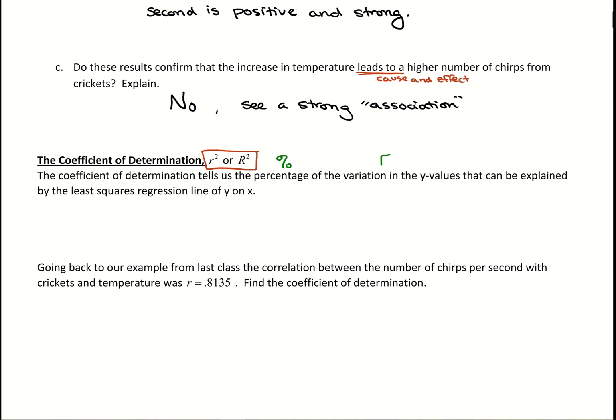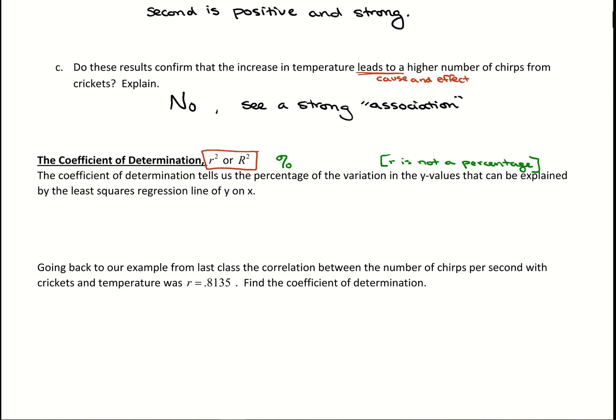Just remember though, R is not a percentage. So when we get out our correlation value, that is not a percentage, it's just a spot on the number line. But when we square it, it turns into a percentage that we can evaluate. So just be really careful of that, because if you give me R as a percentage, I would take off points for that because it's not correct units.